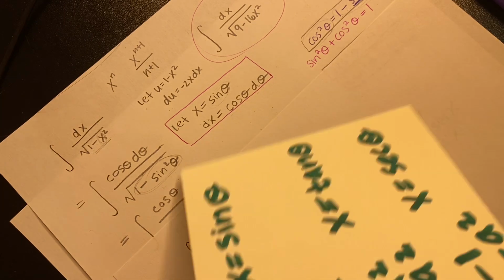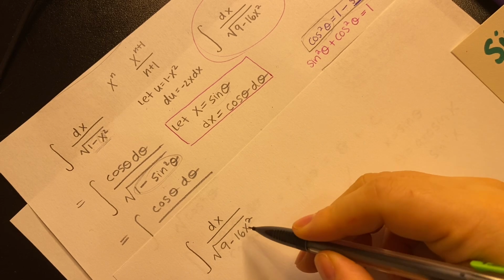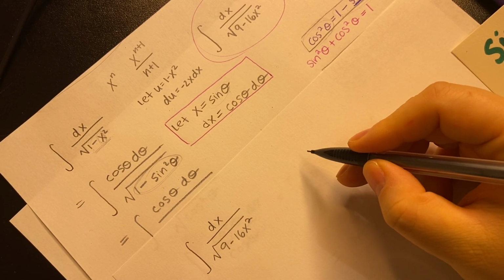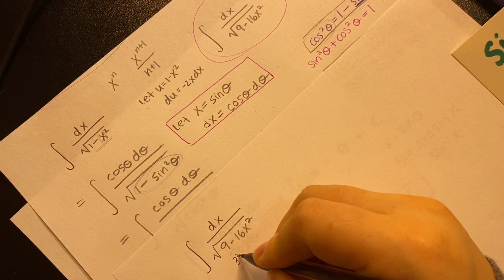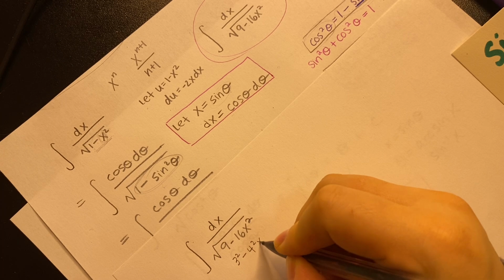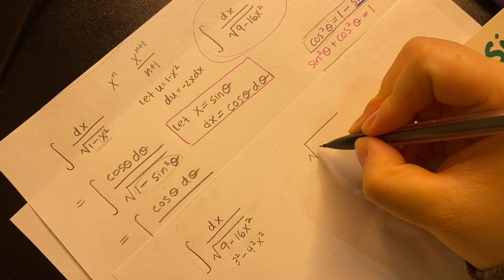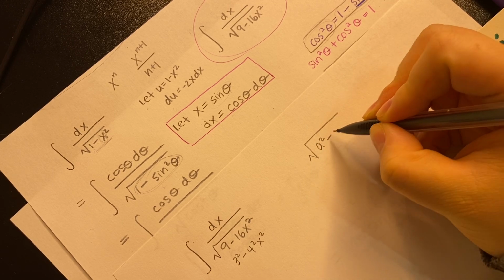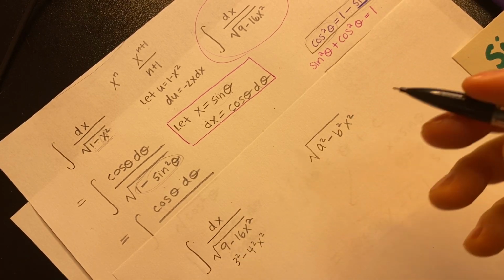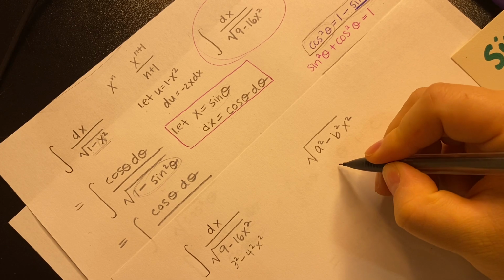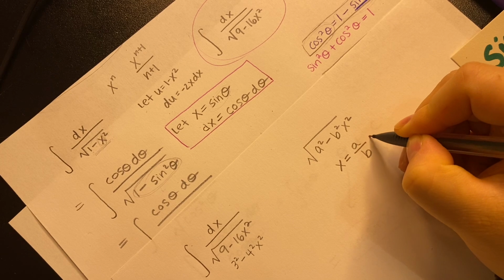Okay, so to solve this, we can do a few things. First of all, if you like to memorize things, then you might see this. If you have this particular form, the square root of a squared minus b squared x squared, then you go ahead and make the substitution x equals a over b sine theta.